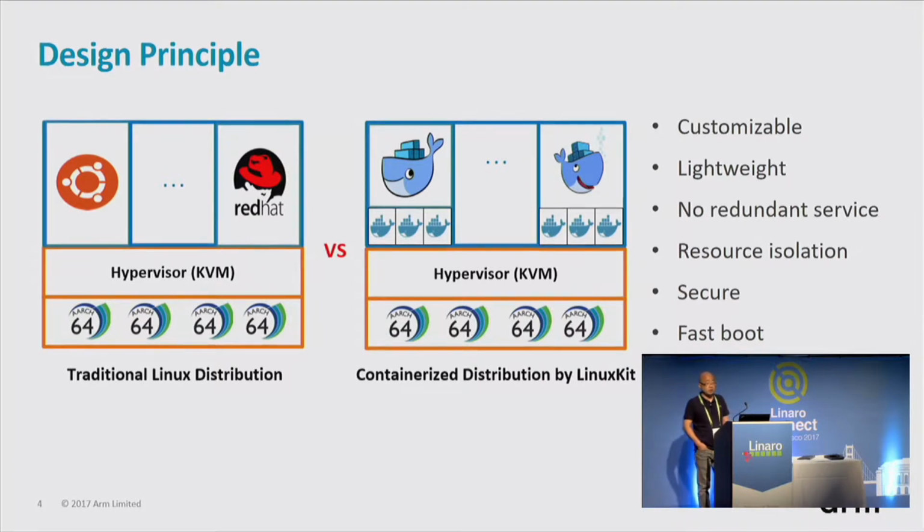Security is a top-level objective of the LinuxKit project. Because, just as mentioned, it's very simple and a lightweight distribution, the attack surface of LinuxKit is typically much smaller than with a traditional Linux distribution.